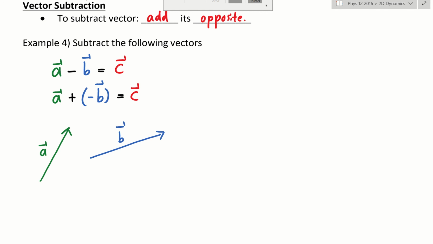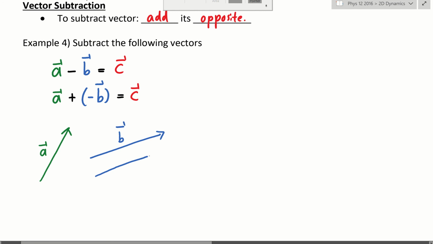So they want you to subtract, right? And you say, no, I cannot subtract. I only know how to add. So you draw another vector B, but this time with the arrow pointing in the opposite direction. Now this is also vector B, except this is called negative vector B. It has the same angle, but opposite direction.